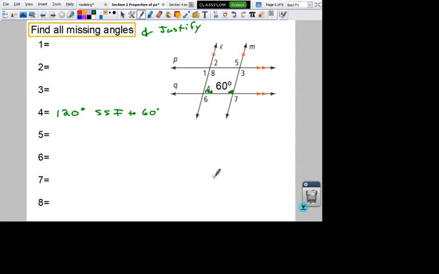Yeah, 60 is vertical. So we know angle 7 is 60 degrees because it is vertical to 60 degrees. So you just got to keep going through and pick an angle and see if you can figure out what it is. So angle 7 was 60.